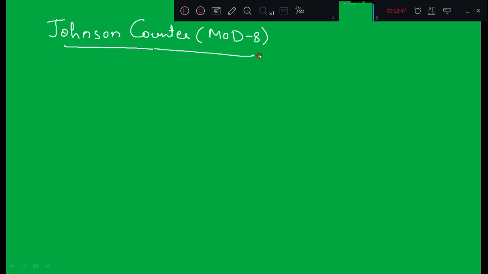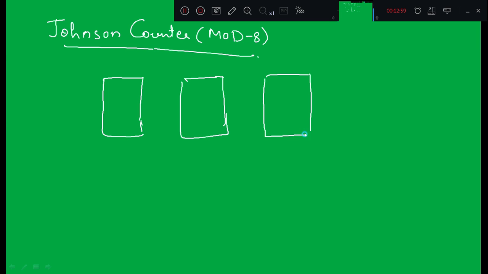In case of the mod 8 Johnson counter, the circuit is going to remain the same as a ring counter, but the only change here is, instead of connecting Q4 to D1, we are going to connect Q4 bar to D1. That's it. And we will analyze the circuit and see which states we get.